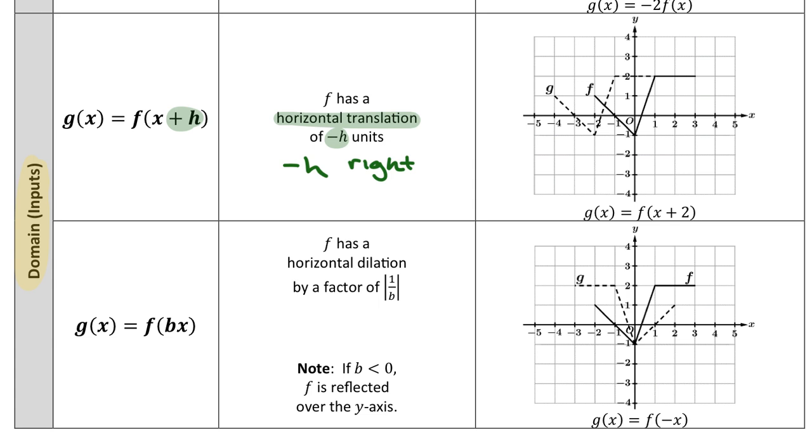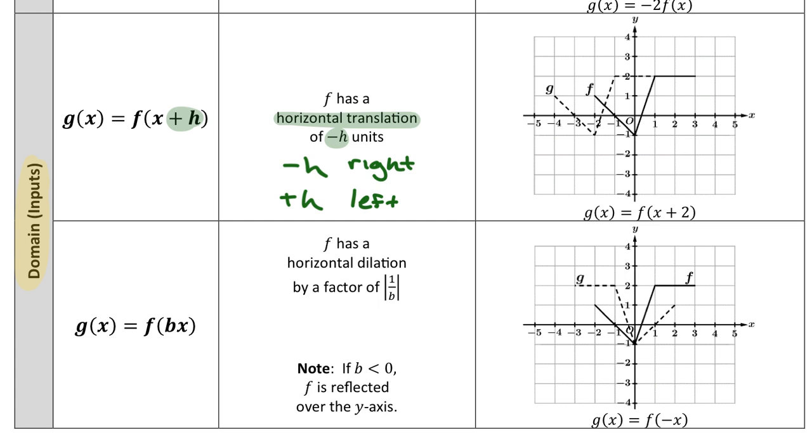It's the HIO: horizontal, inside, and opposite. If you see plus h, it's moving to the left. Normally, positive things go right, so the fact that this is on the inside, it's the opposite. HIO, horizontal, inside, opposite. But more so, I want you to change that I and inside to inputs. Horizontal affects the inputs, and they go the opposite direction. We're all about the inputs here.